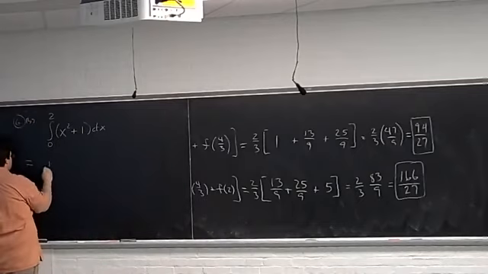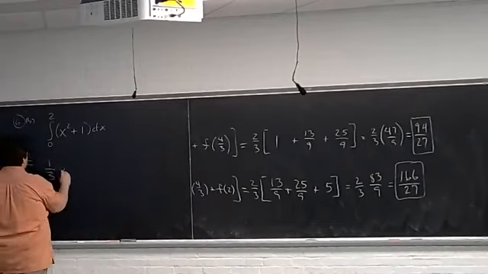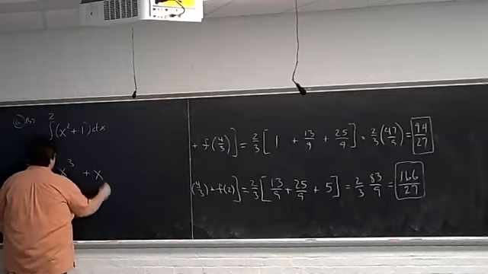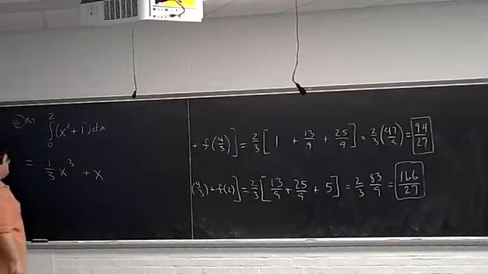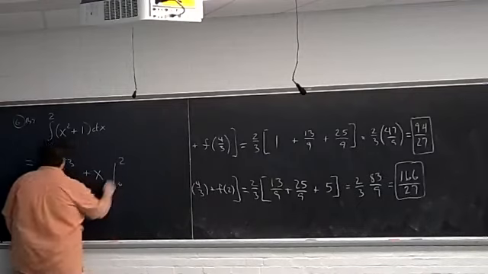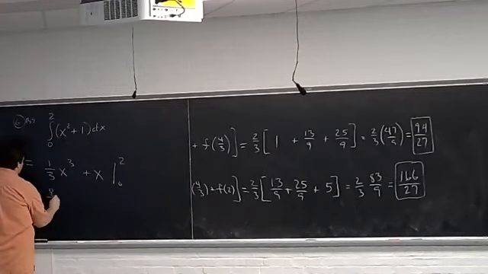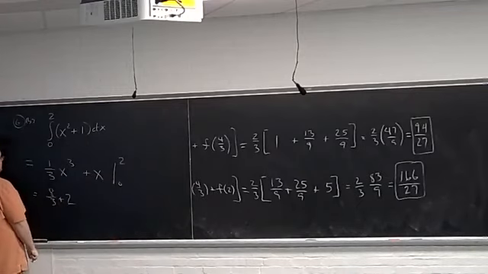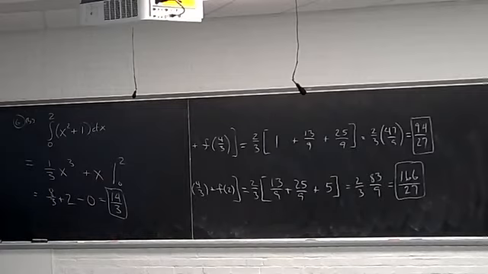Well, an antiderivative of x squared, by the power rule, is x cubed over 3, and the derivative of x is 1. Evaluate from 0 to 2. Evaluate at 2, you get 8/3 plus 2. Evaluate at 0, you get 0 plus 0. So here we get 14/3. 14/3 is 4 2/3.